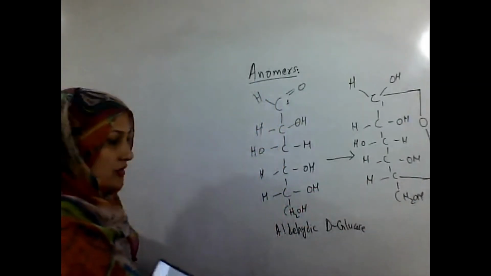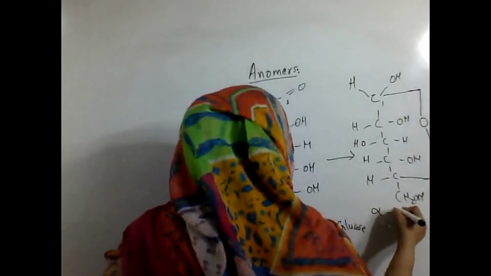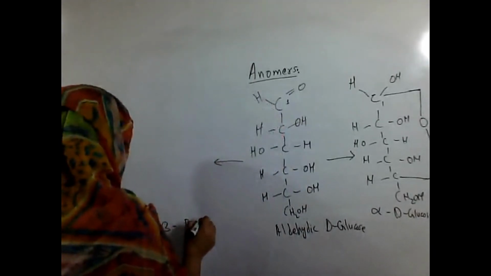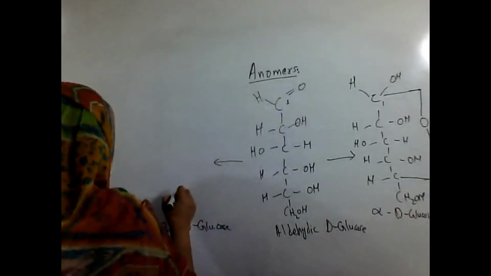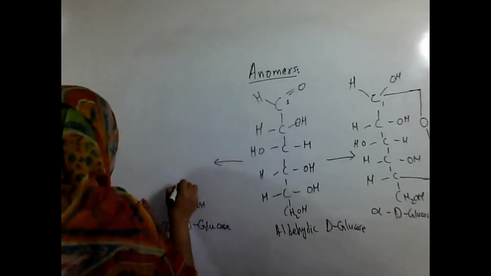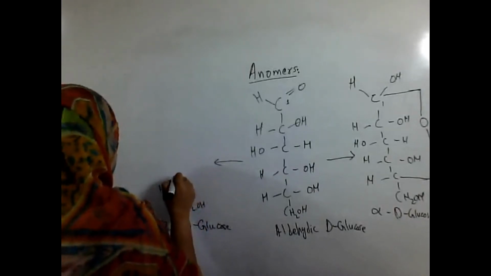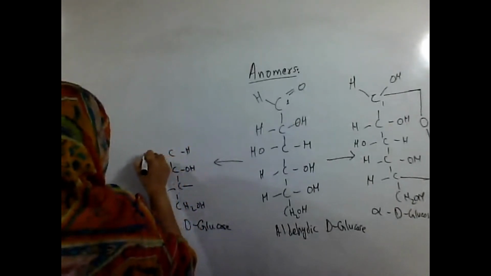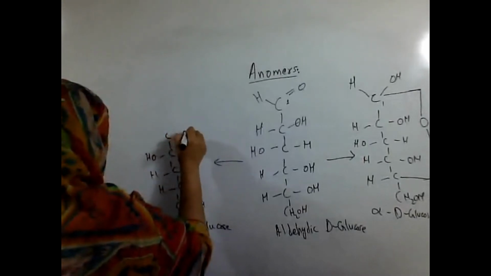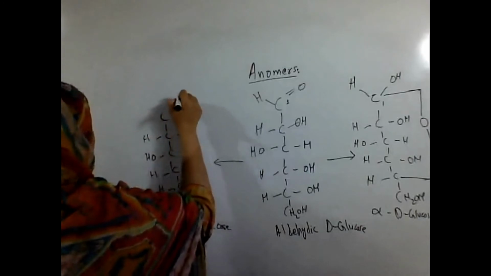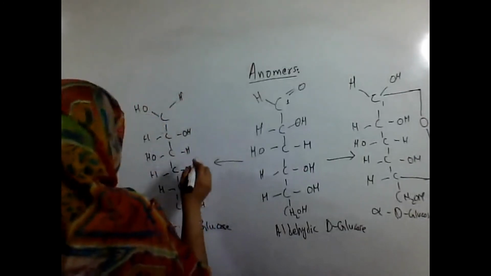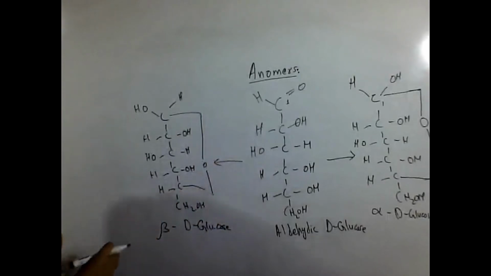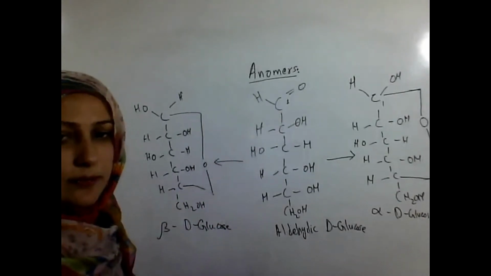This forms the cyclic structure, and this one is called alpha D glucose. This one is called beta D glucose.